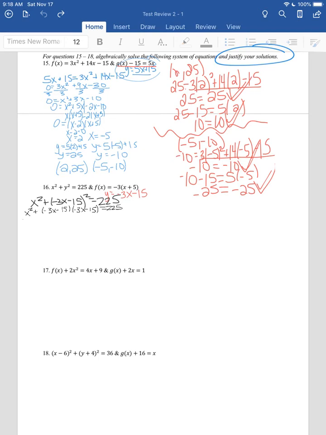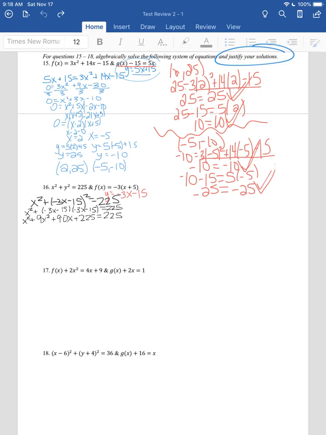When I go to solve this, I get x squared plus 9x squared plus 45x plus 45x gives me plus 90x, and then plus 225 equals 225.